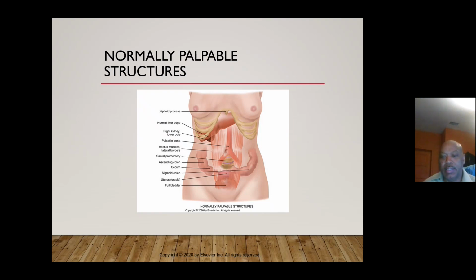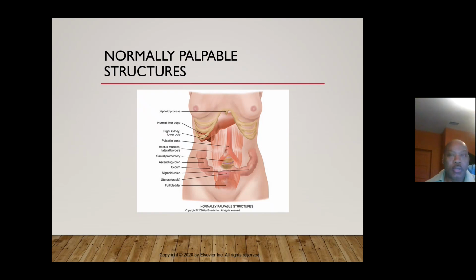Because again, as I said, it just feels like you're pushing into a cushion of fat, and you hear the younger clinicians say, well, this all feels the same, so I don't feel any difference. And so it's just a skill you have to really perfect. And as I also said, we have to memorize what is in each quadrant, and that'll give you an idea what you're possibly feeling.